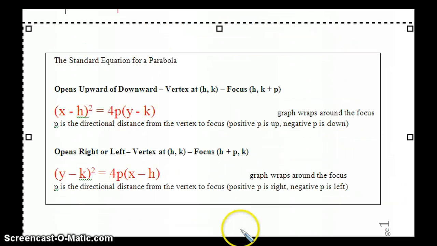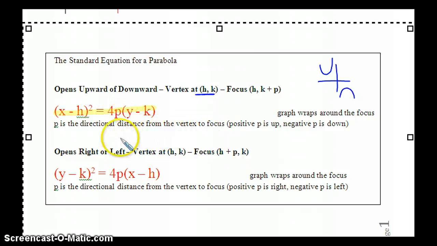So we're going to be talking about two different types of parabolas. Those parabolas that open up and down, which is what we're used to seeing. So for example, it would look something like this, or maybe a parabola that's opening downward like this. If our parabola is opening up or down, then we use this form of the formula. (x − h)² = 4p(y − k), where (h, k) is the vertex, p is the distance from the vertex to the focus.